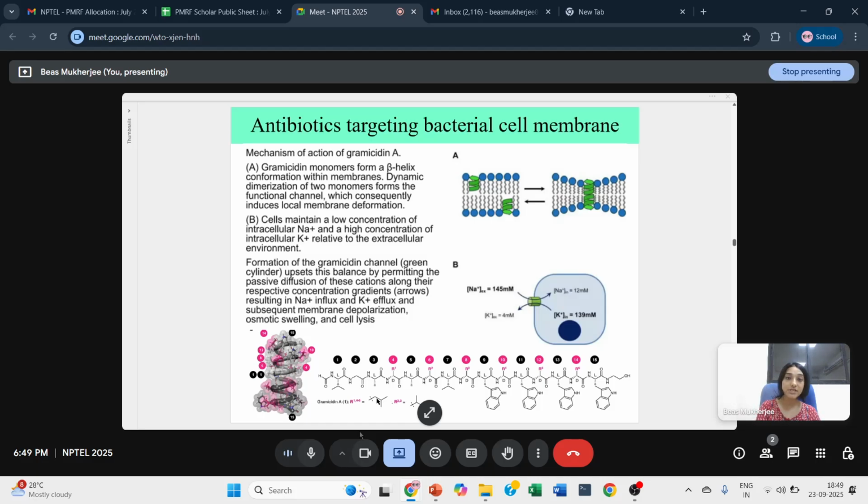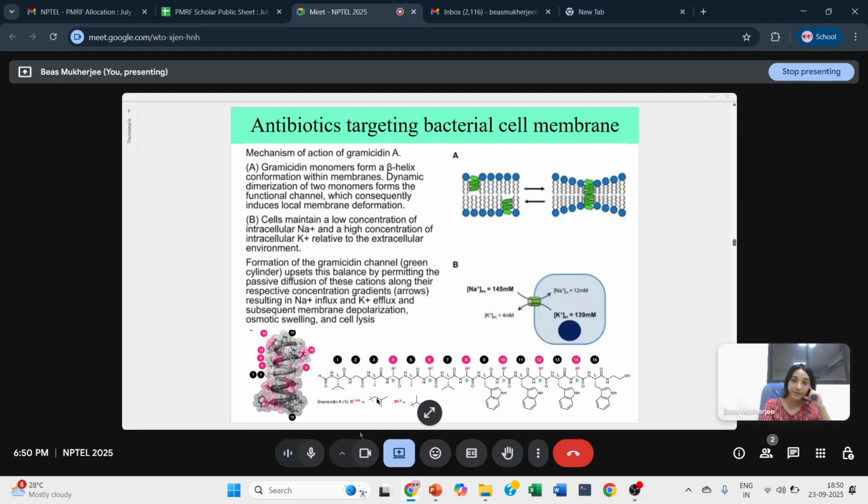Formation of the gramicidin channel, the green cylinder shown in figure A, disrupts this balance by permitting passive diffusion of these cations along their respective concentration gradients, shown using arrows, resulting in Na+ influx into the cell and K+ efflux.